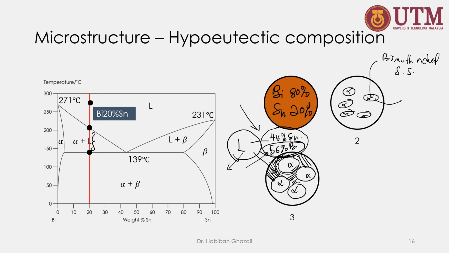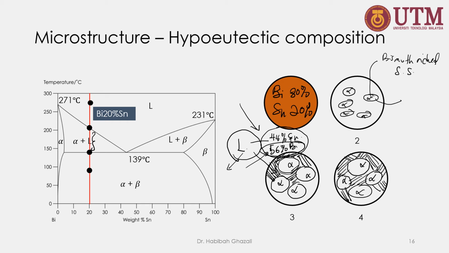So at the end, after the solidification process ends, let's say at 100 degrees Celsius, the final microstructure that will be formed will be a combination of primary alpha with a lamellar microstructure. And this lamellar microstructure consists of alpha and beta next to each other.